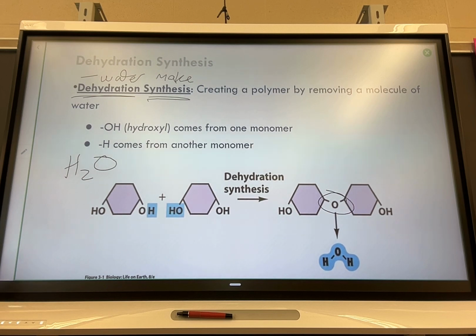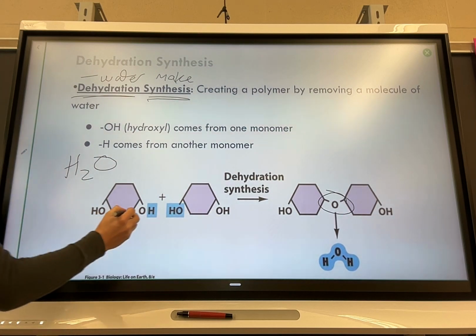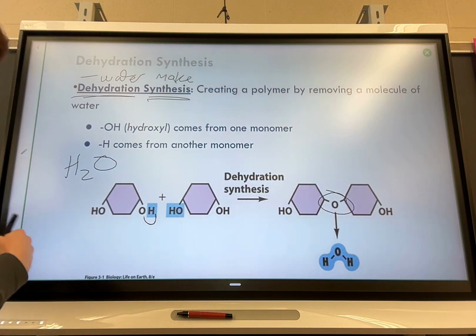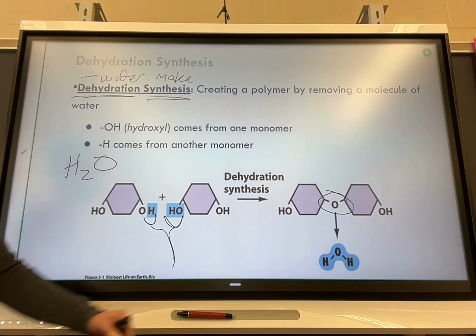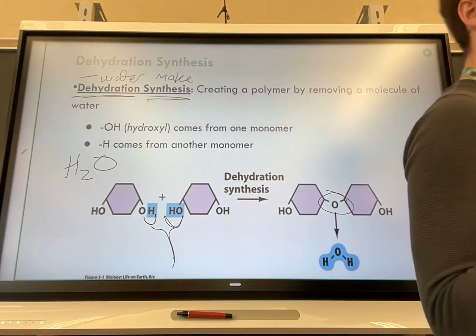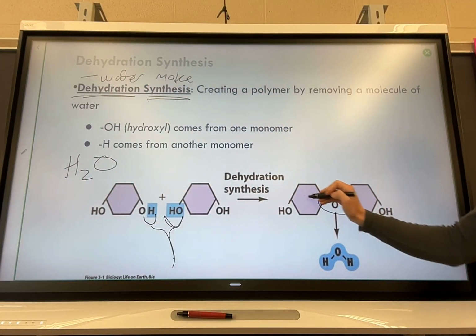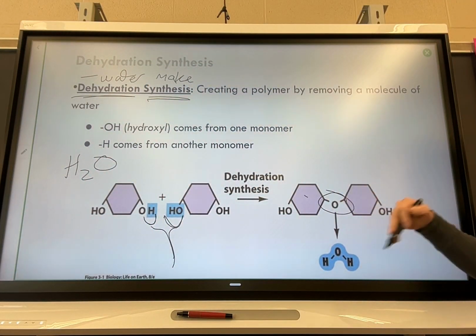We call these hydroxyl groups. And these hydroxyl groups can be broken apart to form bonds. So you can see we have a hydrogen on this side that we're going to take off. We're going to take off the full hydroxyl on this side, take them and spit them out as water, and this oxygen then is going to be used to hold these two monomers together.